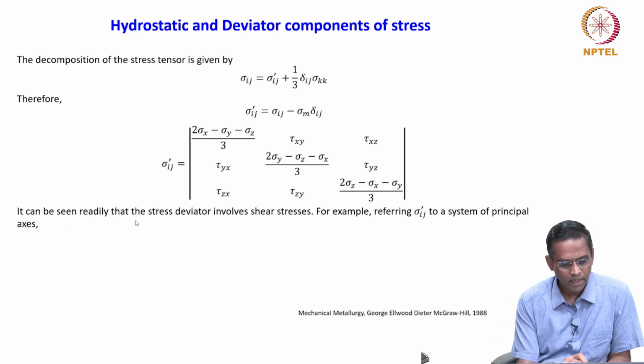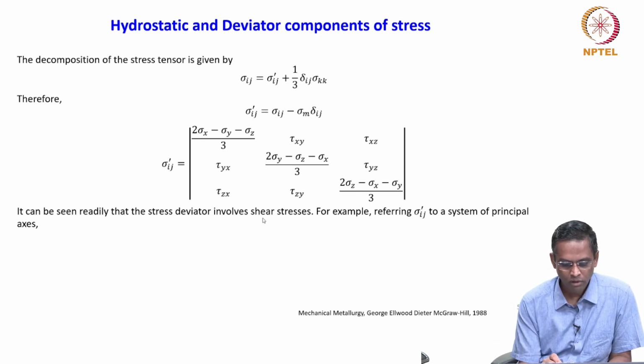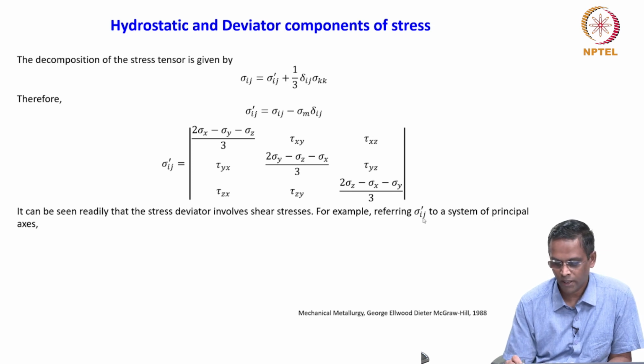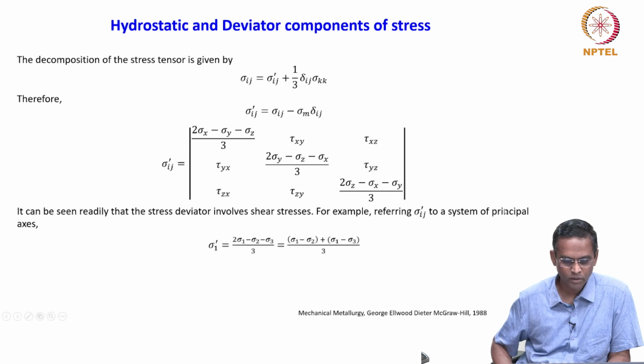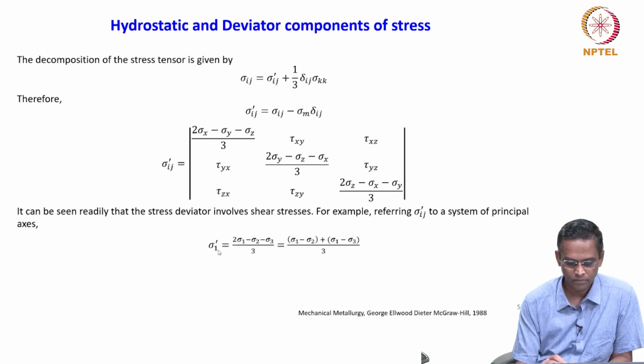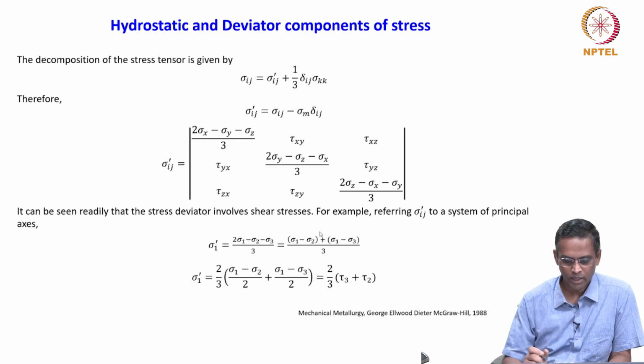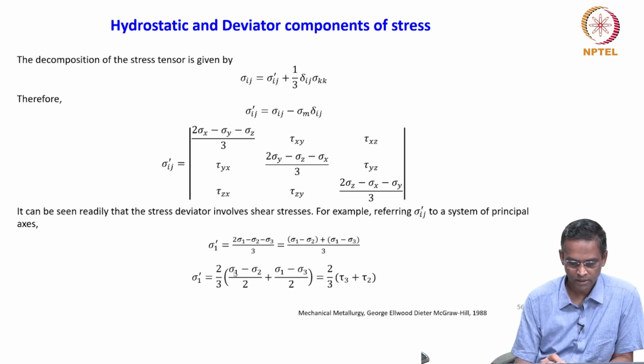It can be seen readily that the stress deviator involves shear stresses. For example, referring sigma ij to a system of principal axes, sigma 1 prime is equal to 2 sigma 1 minus sigma 2 minus sigma 3 divided by 3, which can be written like this, and we can rewrite this into this form.